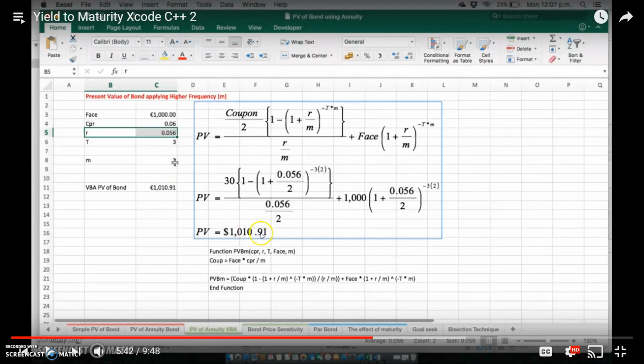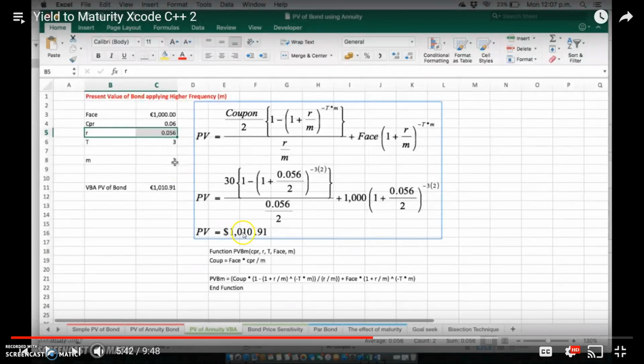If we go the opposite direction and we know the bond price, we know the coupon rate is 0.06, the face is 1000, the time to maturity is 3 years. If we wanted to deduce the interest rate consistent with this market price if reported, and we're trying to determine the discount rate, then we would use the bisection function.